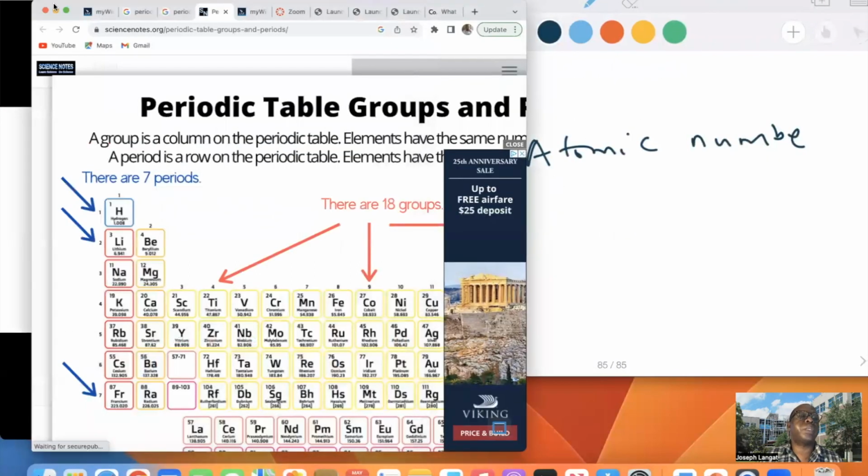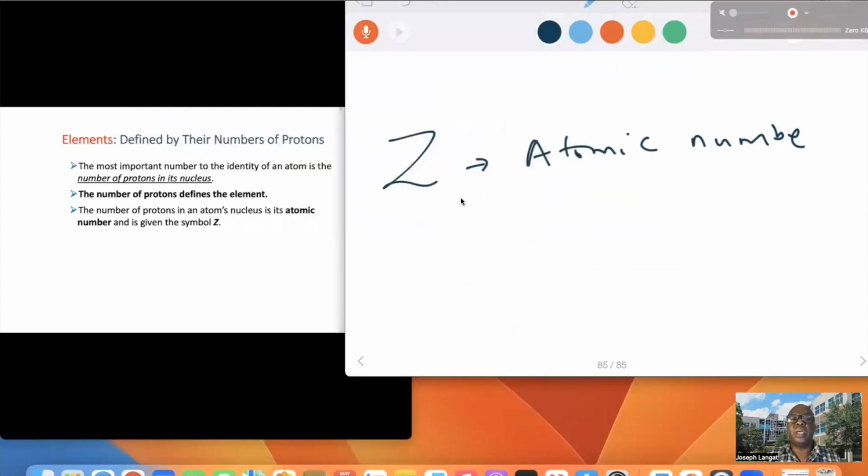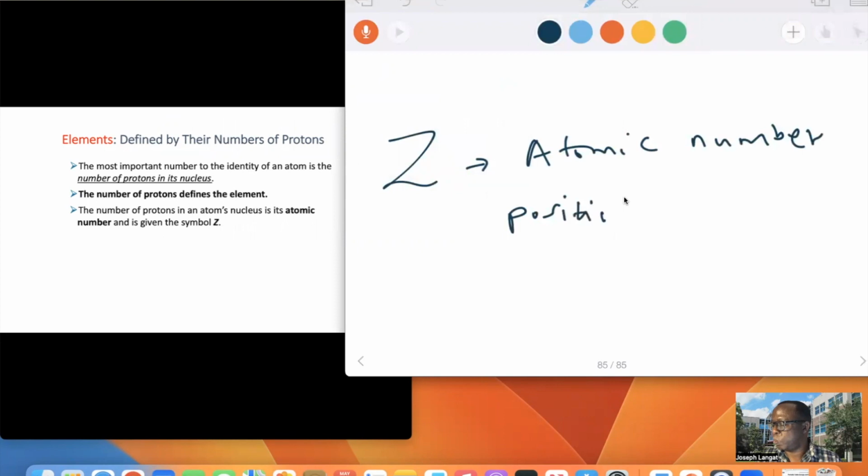Let me just minimize here so that you see. Z represents the atomic number, which is the position on the periodic table.